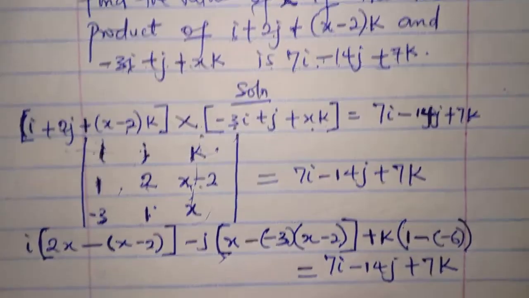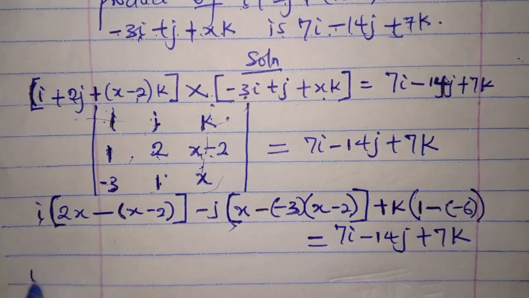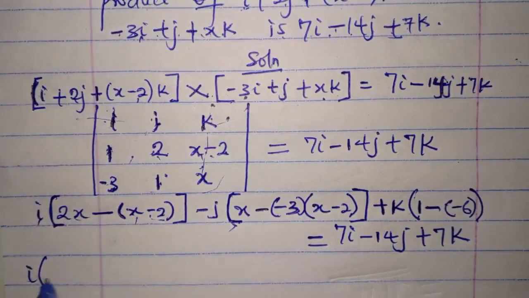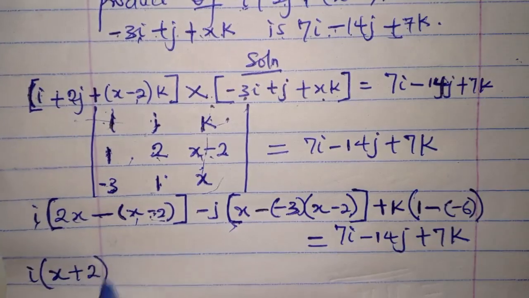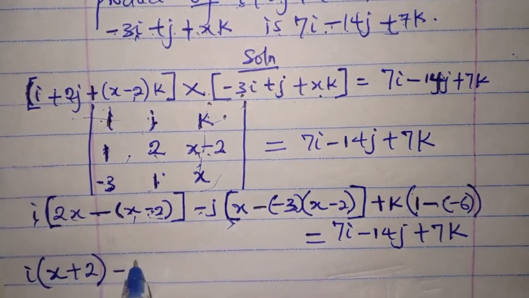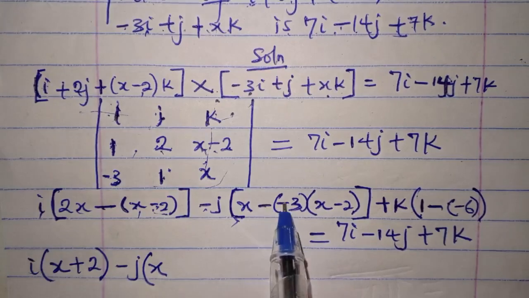Okay, let's simplify. We have i into, this is minus x minus 2. So 2 minus x is x. Minus minus is a plus. Then minus j. We have x, okay, minus minus is a plus.